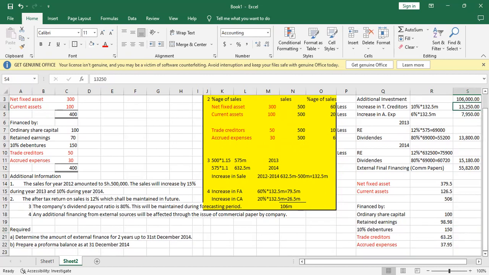The increase was 13.25 million. I originally had 50 million. 50 million plus 13.25, I'm getting 63.25.